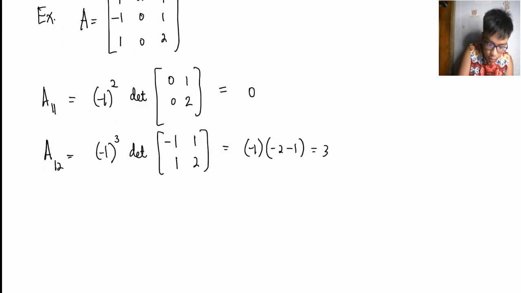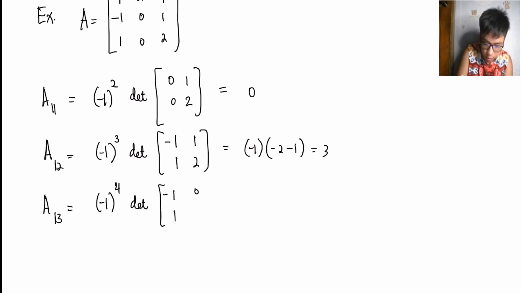Next is A13. That's (-1) to the 4, the determinant of -1 0 1 0. That means you remove row 1 and column 3. So this is 1 times 0, that's equal to 0.